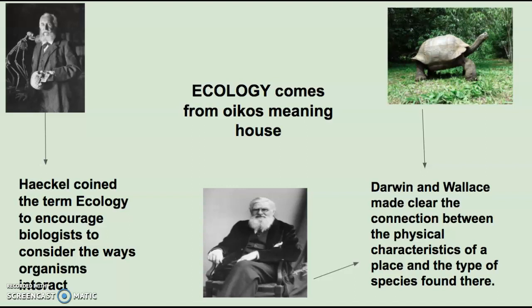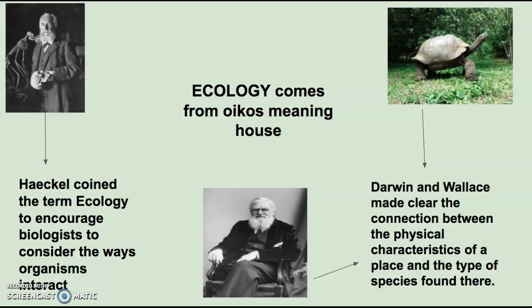You know that Darwin, and that is not his picture of course, that is the picture of one of the tortoises he encountered in the Galapagos Islands. Darwin went around the world in a 5-year trip aboard the Beagle, studying species and geological features.